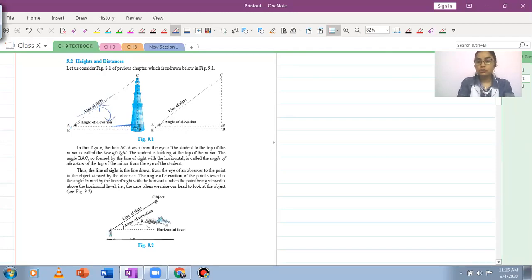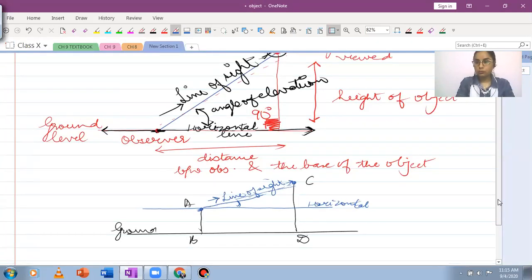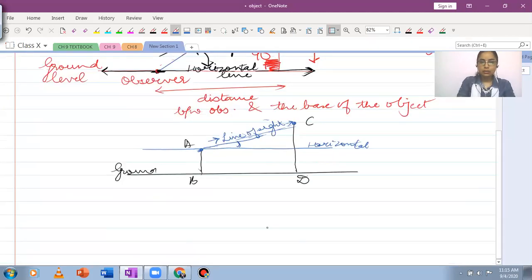Now, what if the point of observation changes? If the person is standing at a height and looking at something on the ground, suppose you are standing on the terrace and you're looking at some object lying on the road. In that case, the line of sight will be formed from top to bottom.